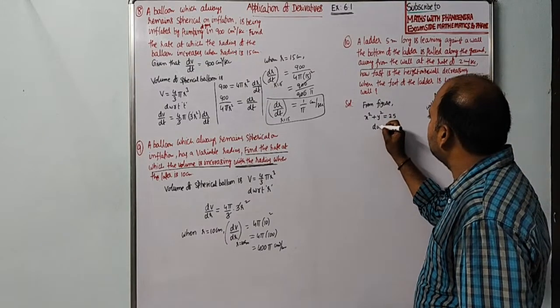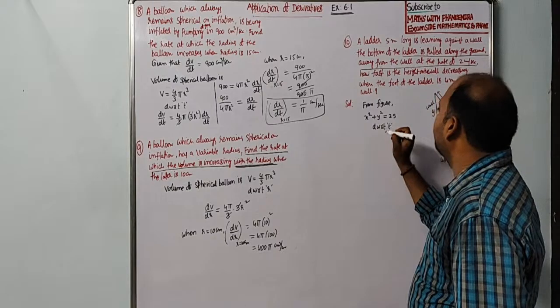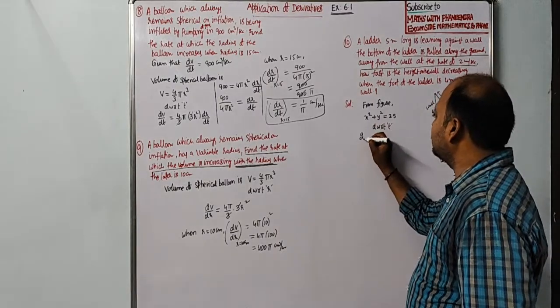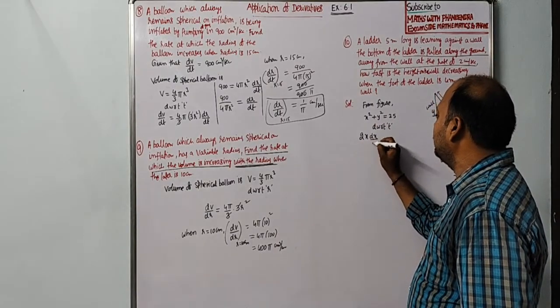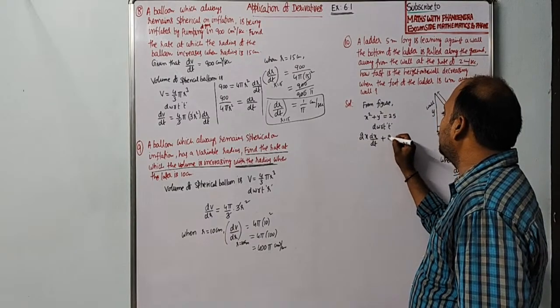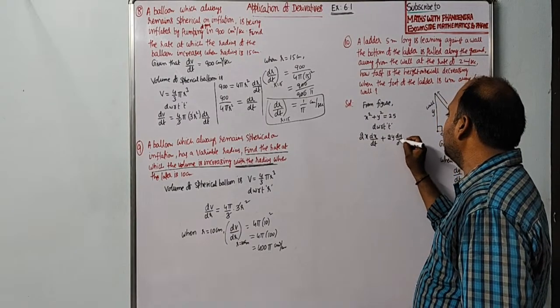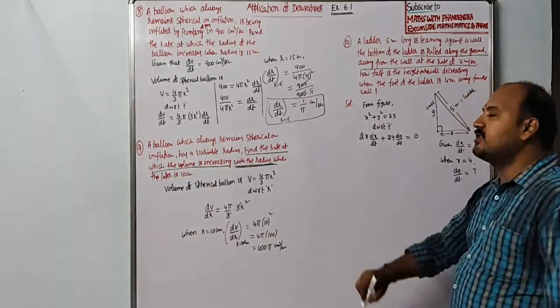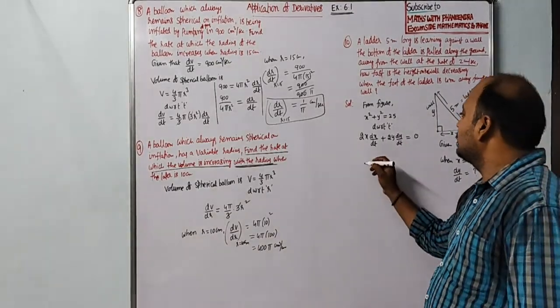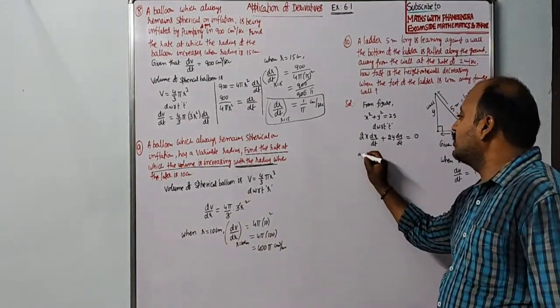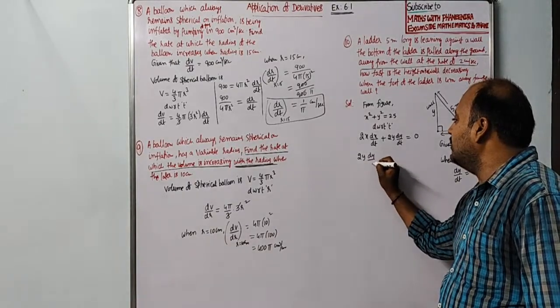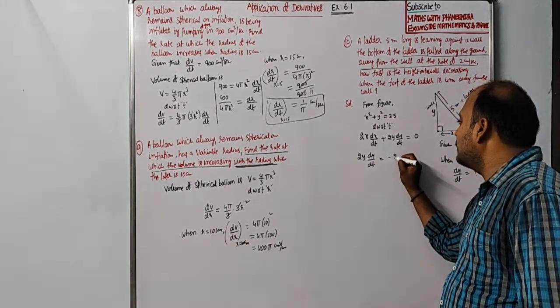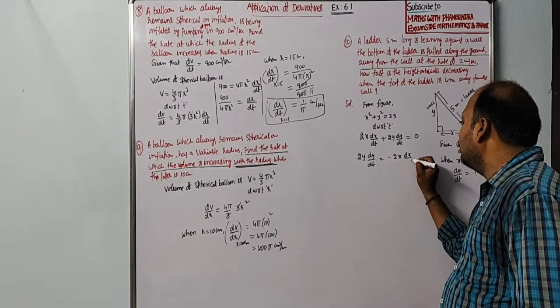Differentiate with respect to t. So 2x into dx by dt plus 2y into dy by dt is equal to 0, since the derivative of a constant is 0. I want dy by dt, so 2y into dy by dt is equal to minus 2x into dx by dt.